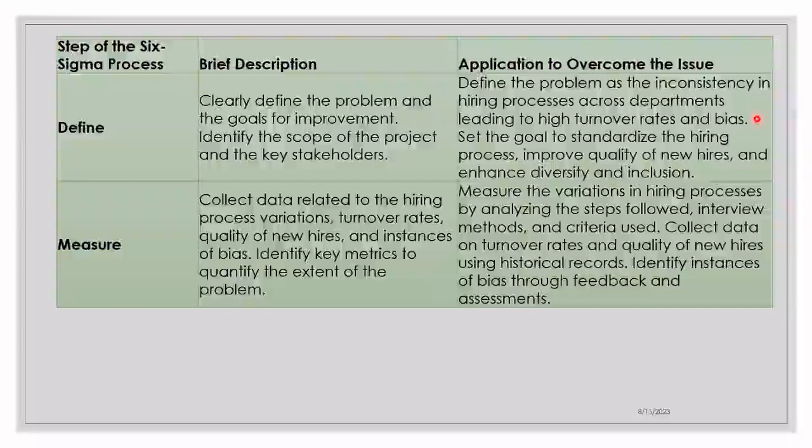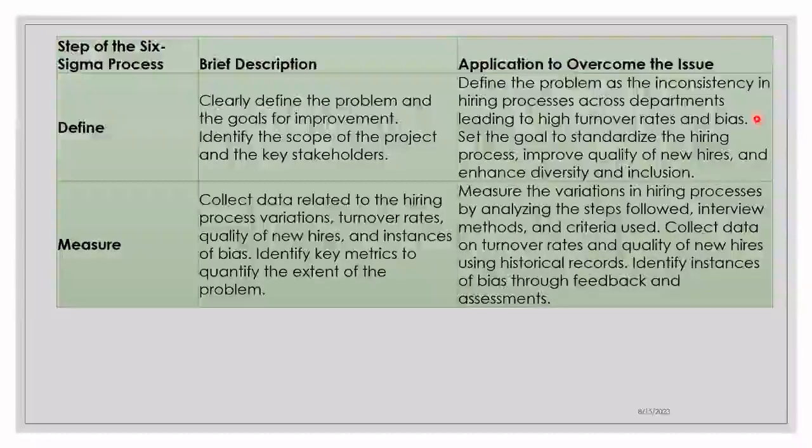Now what we are going to do is recognize what those practices are, what steps they have followed, what interview methods they have used, what criteria they have used to select the person. In some cases, you can see there is no criteria for the selection. Based on just bias, they have selected the people. Collect data on turnover rates. That is one side.